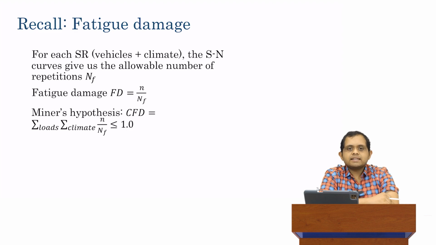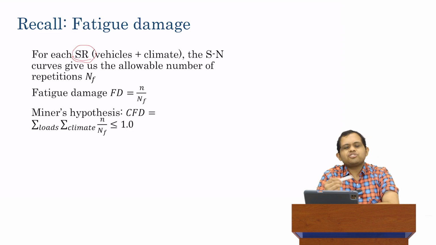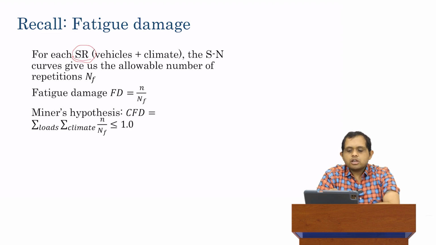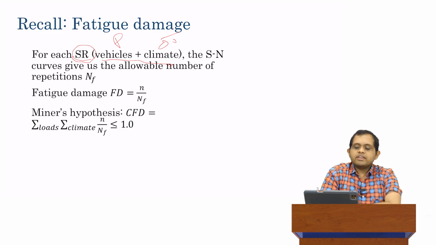So the main outcome of fatigue theory is that for each stress applied, or each stress ratio, if you divide it by the strength, which is a combination of vehicular as well as climatic load. You could have some temperature also, which would change the stress state. And of course, you have some loading from a vehicular load. For each stress ratio which is applied, we develop what we called an SN curve.